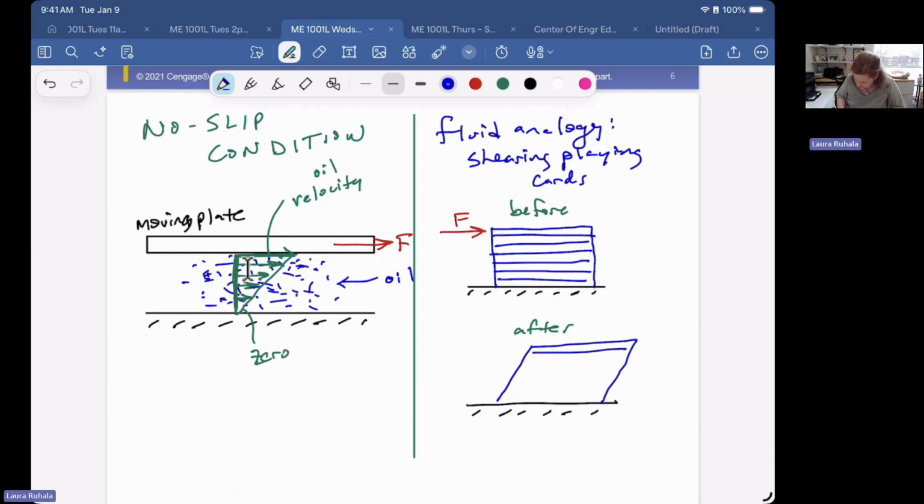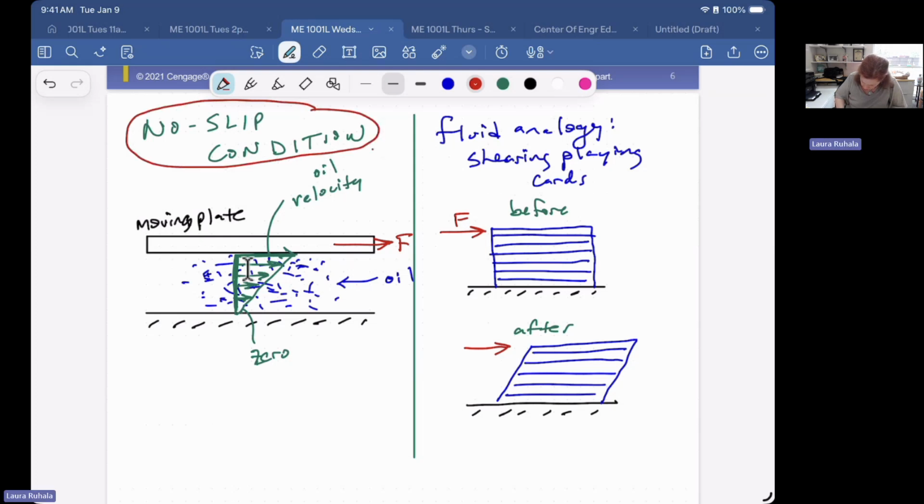In a no slip condition. So this is what we're talking about, a no slip condition with the force being applied. So the no slip condition is shown here, and also it's shown over here with the oil. Okay. So let's move on.